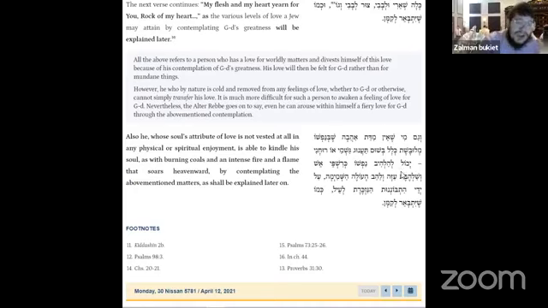Even this person is able to kindle it like a burning coal, and create an intense fire and flame that soars heavenward, through contemplation of the above-mentioned matters, and as we shall explain further.